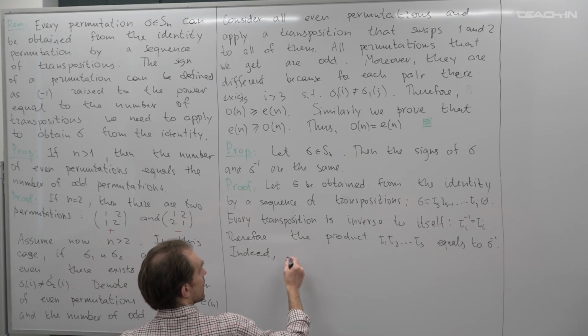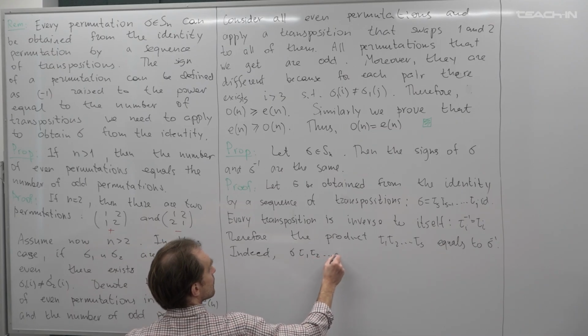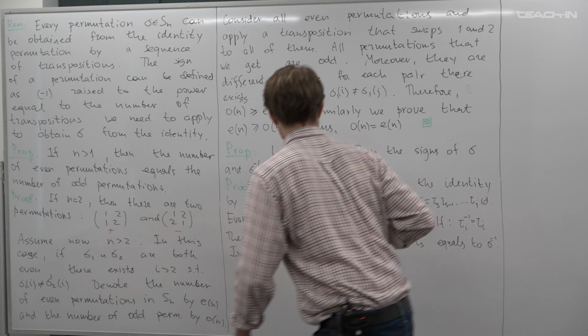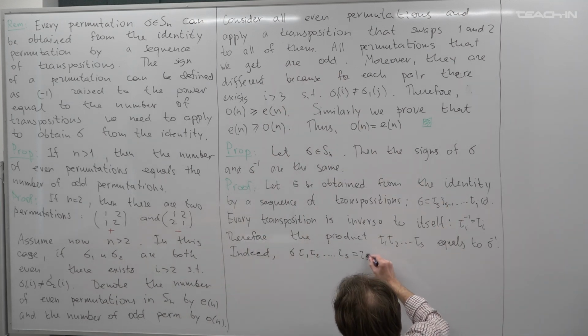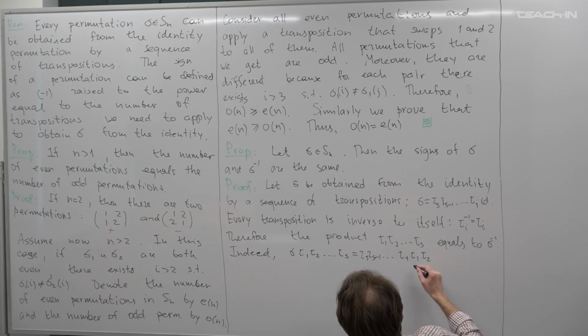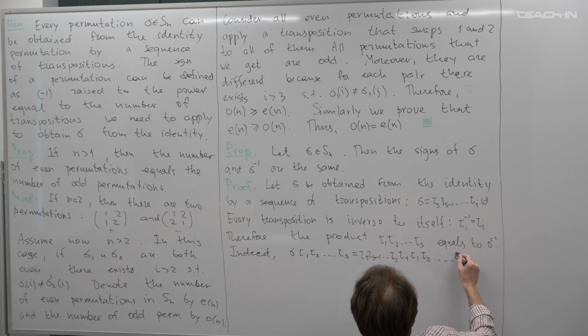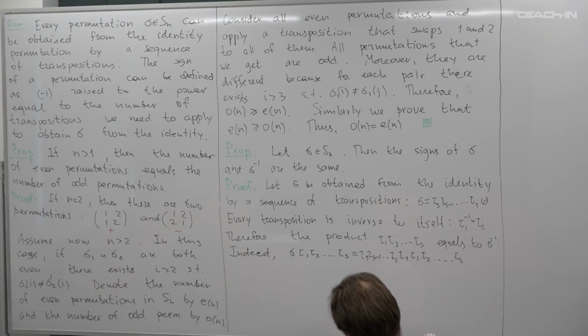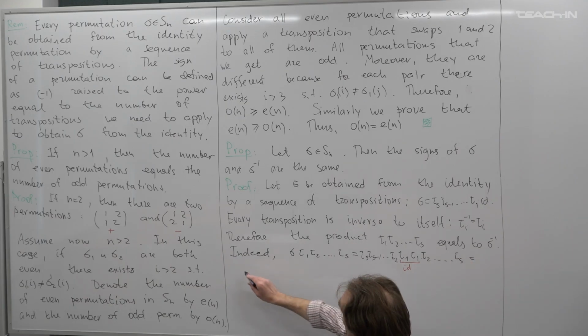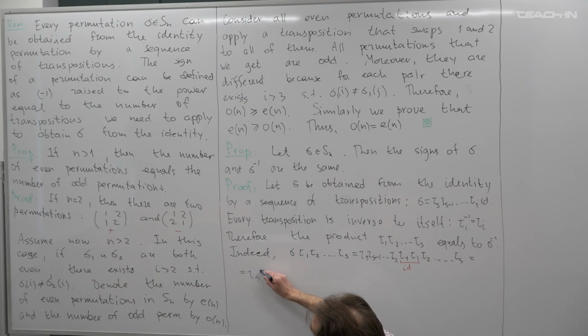I'm going to multiply sigma by this product. Since tau s is inverse to itself, this is the identity, so we get tau s minus 1, etc., tau 2, etc., tau s.